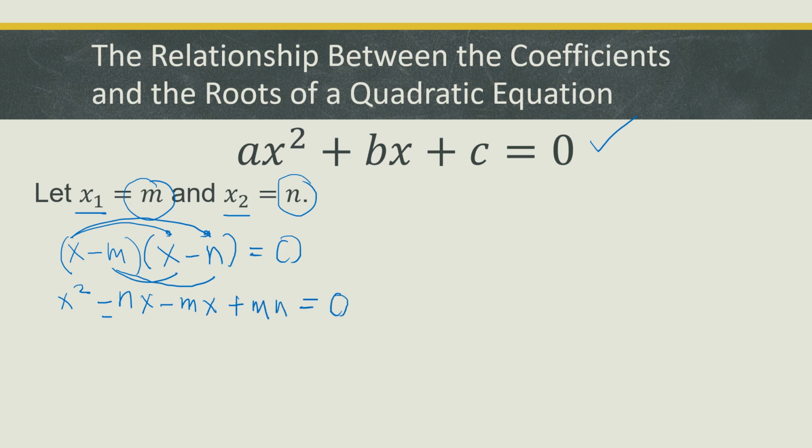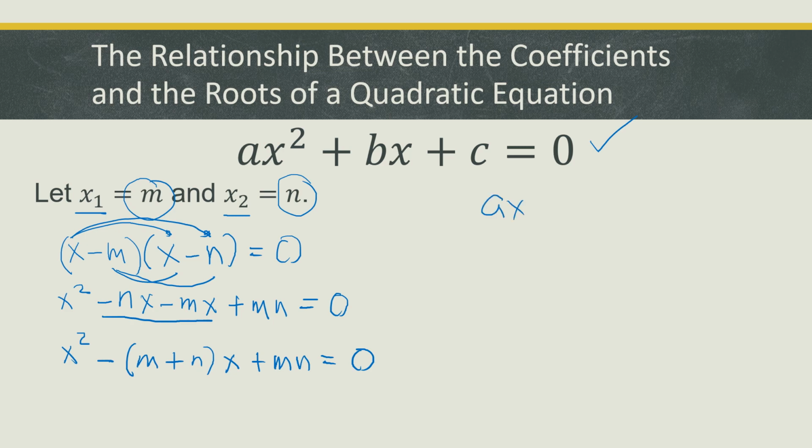So let us combine like terms. We have now x squared minus (m plus n)x plus mn is equal to 0. And let us rephrase the standard form of a quadratic equation: we need to divide all terms by a.